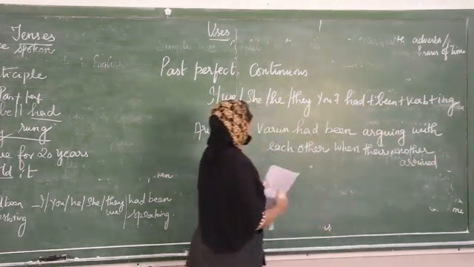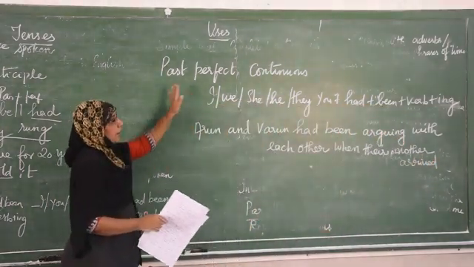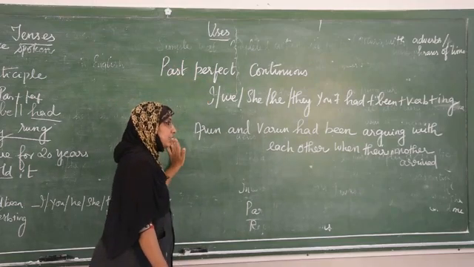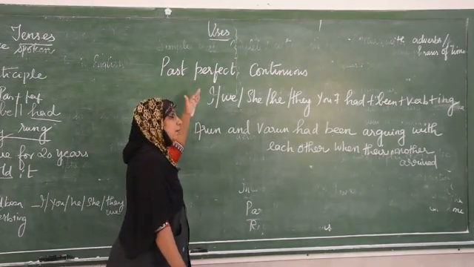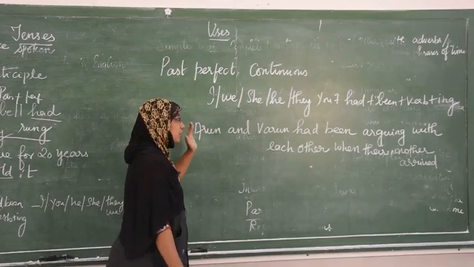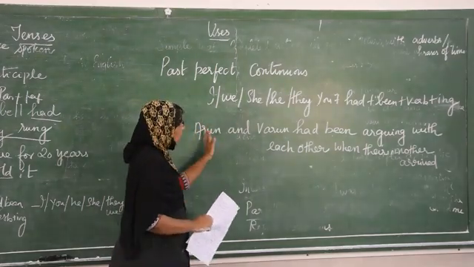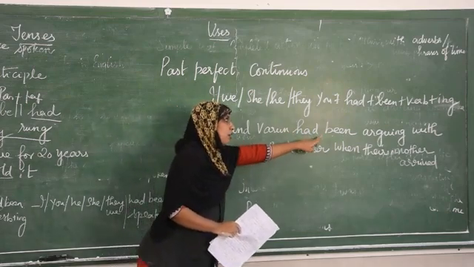As I told you, past perfect continuous refers to an action which had already begun in the past. It was going on before another action took place. So which action was going on in the past? Arun and Varun had been arguing.